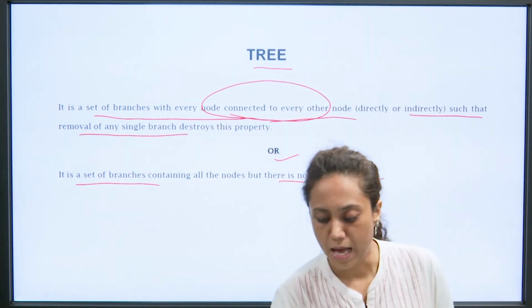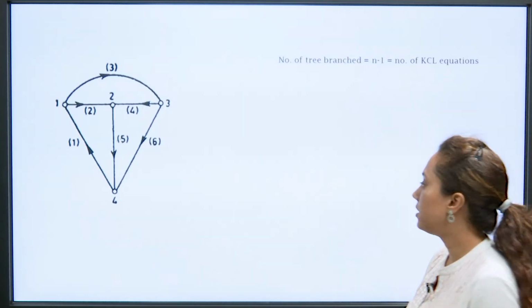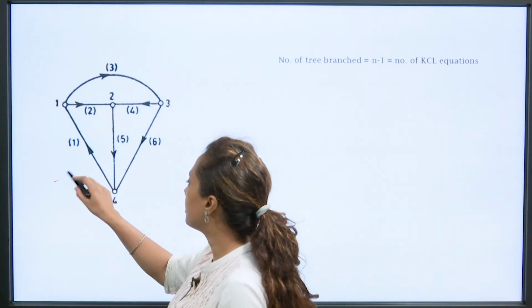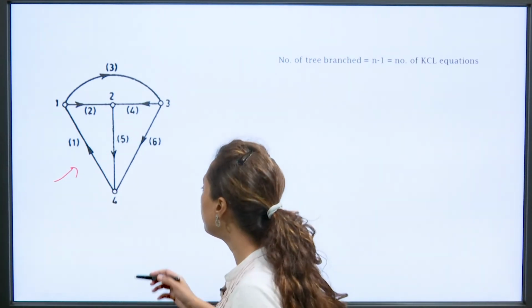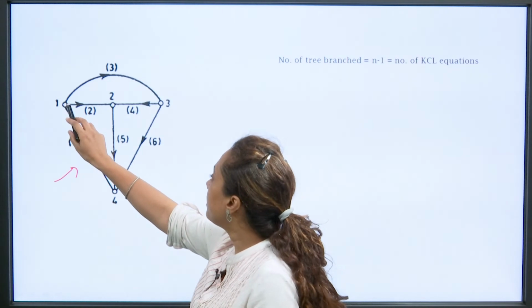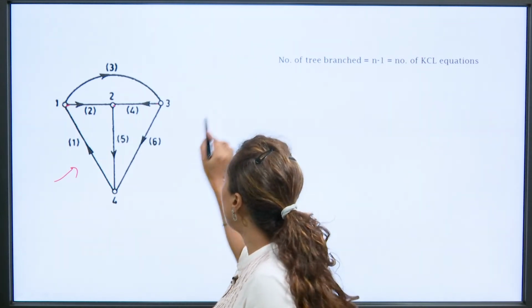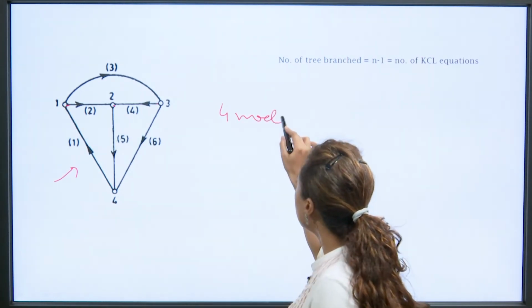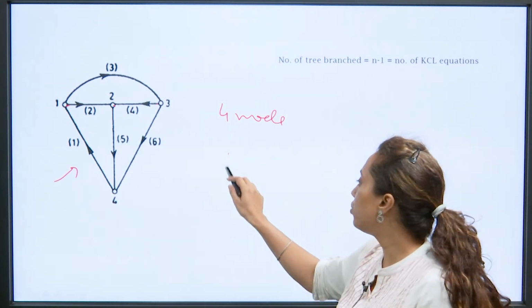We will see it with an example. We will just take the previous example. This is the graph which we have taken from the network. We have 1, 2, 3 and 4 nodes. For a tree, all the nodes should be connected.